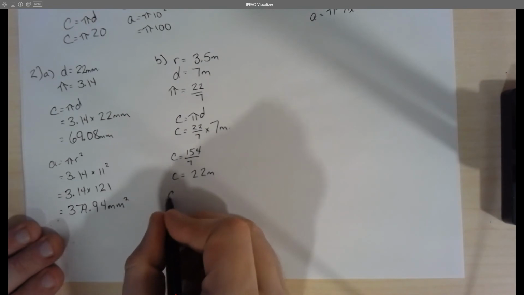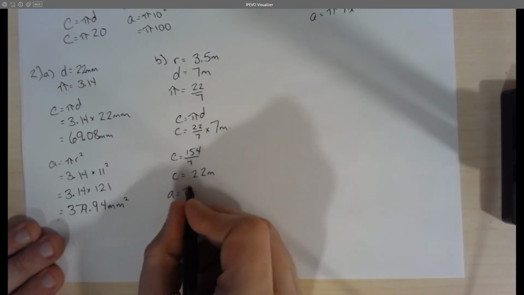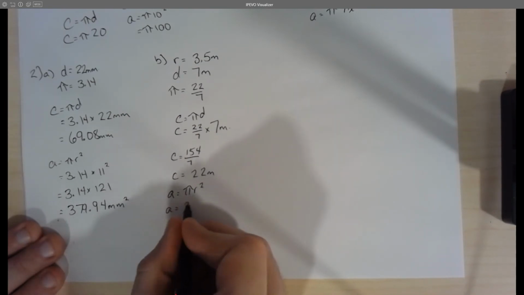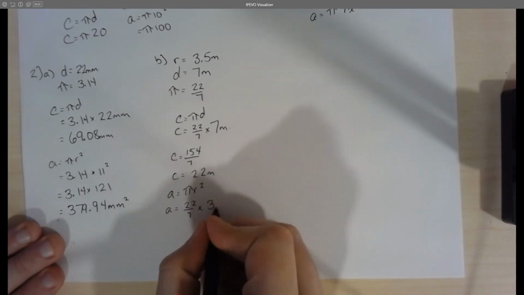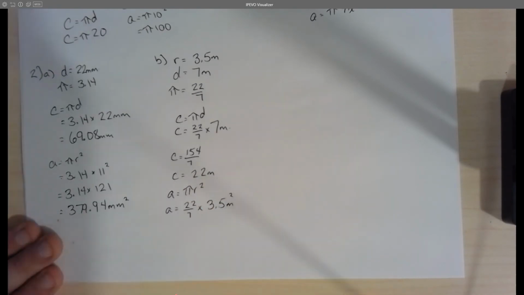For the area, area equals pi r squared. Area equals 22 over 7 times the radius, which is 3.5 meters, squared.